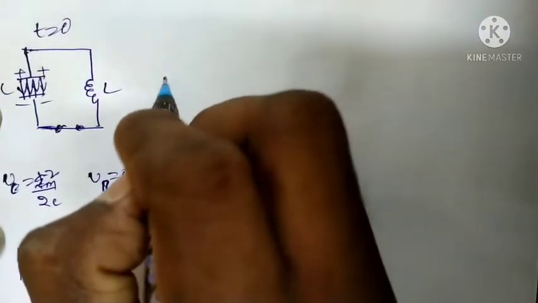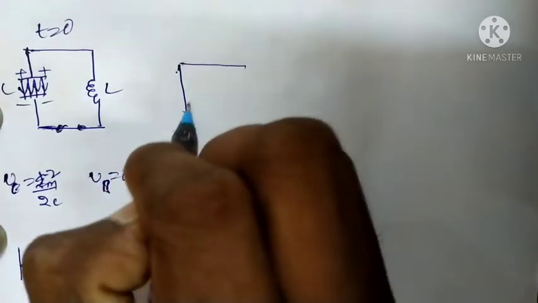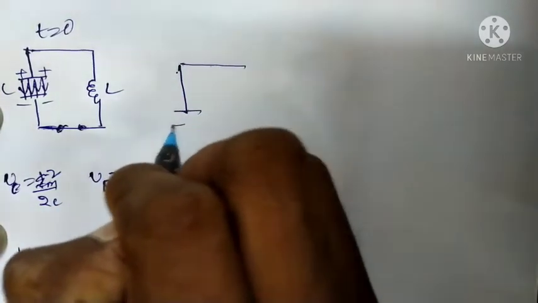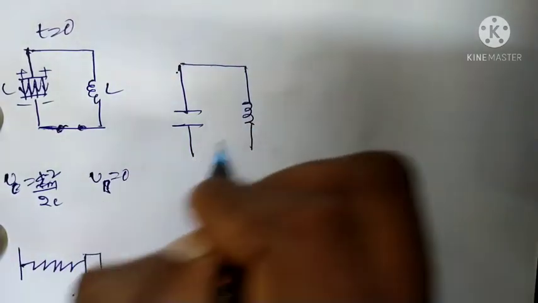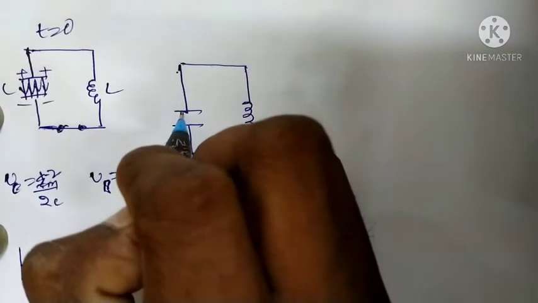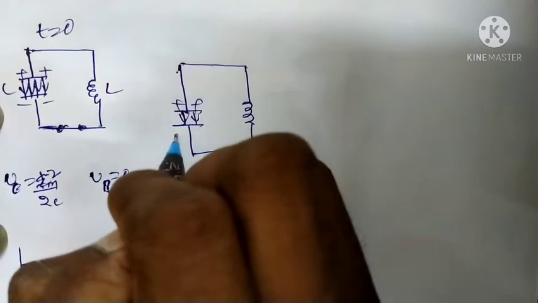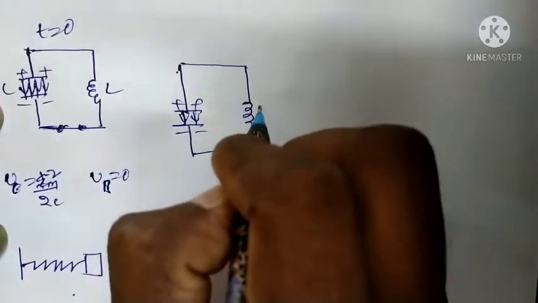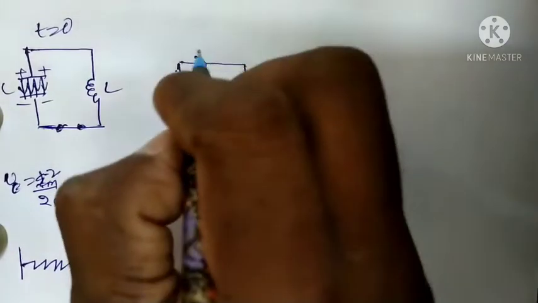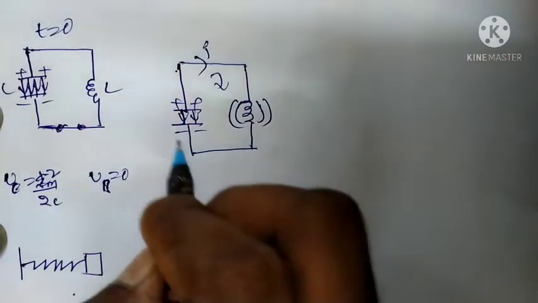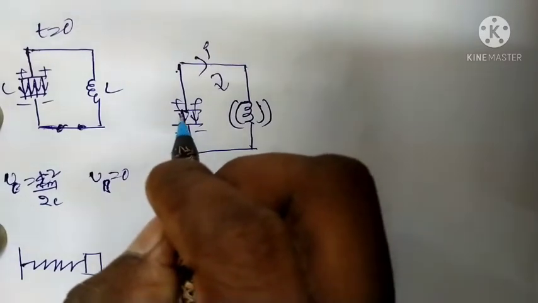In the second case, the charge is only 2 charges, that means positive into the inductor. Current is passing through the circuit like this, so the capacitor will be discharging.